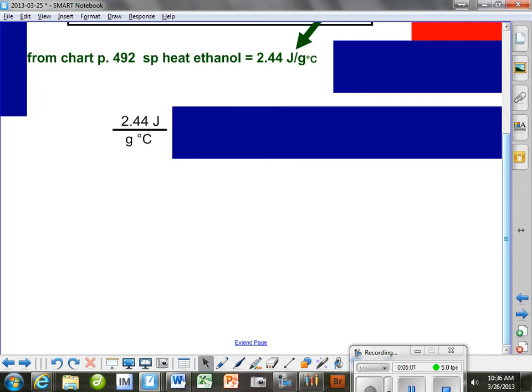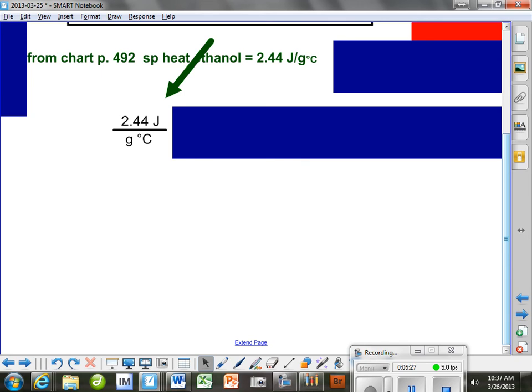And what is on the bottom? What's the number that goes with joules? 2.44 joules would be on the bottom. You see, these guys have to be kept together, as do these guys. Okay? So that's good. You learned something, didn't you? Yeah. Excellent.